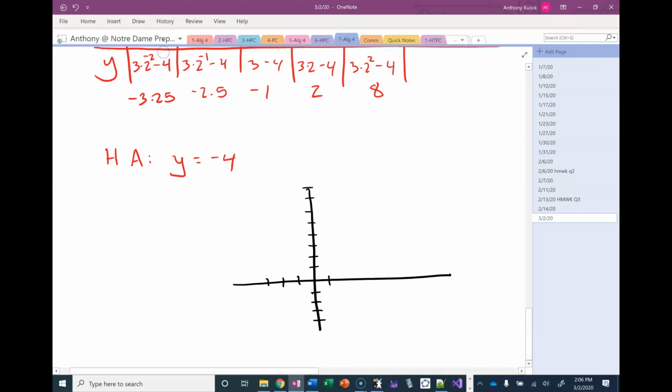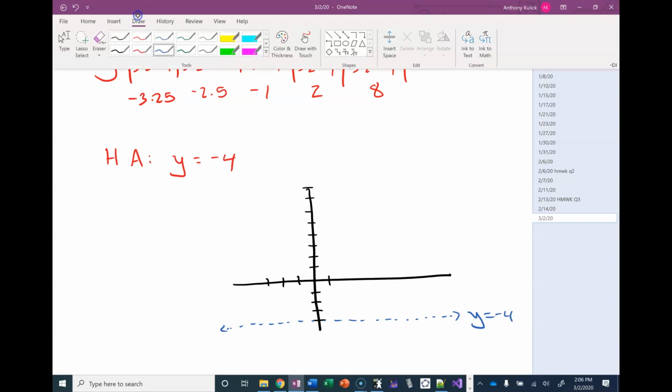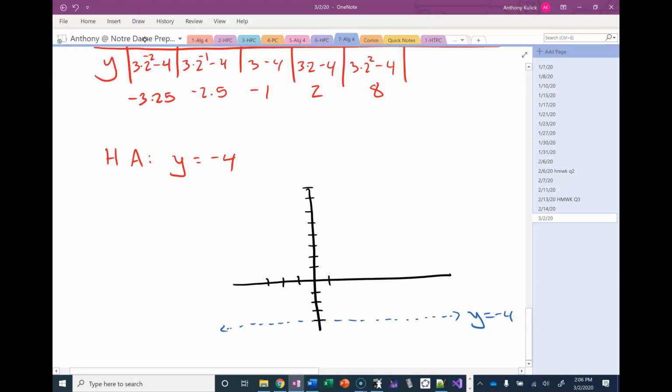All right. Now let's draw our graph. So I've drawn in some tick marks. Next, I like to draw in my asymptote. The convention is when we draw in our asymptote, we just use a dashed line like this. And now I'll start plotting.